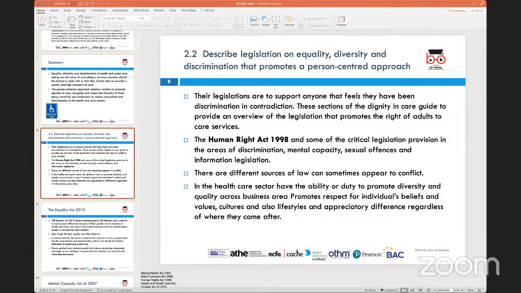Now, this act essentially, which was set out in 1998, and then later on in the European Convention on Human Rights, clearly says that as an individual, you have certain rights, and these rights can be exercised against public authorities when you are feeling discriminated against by the state.